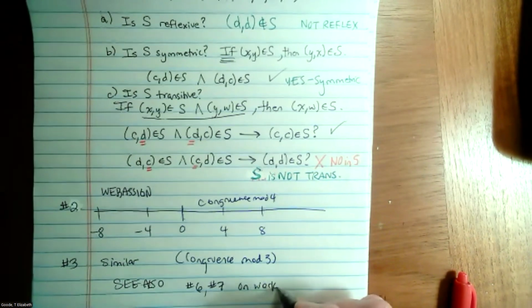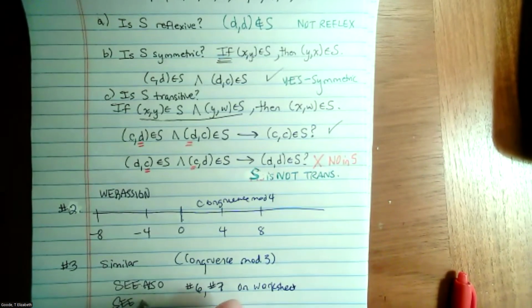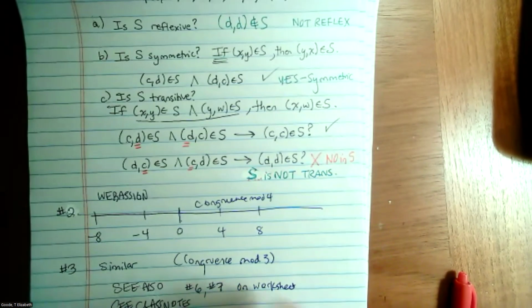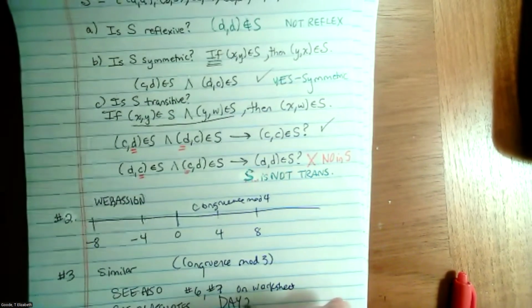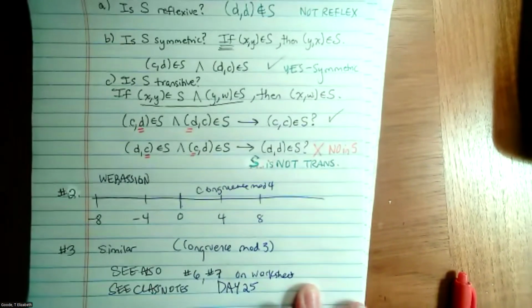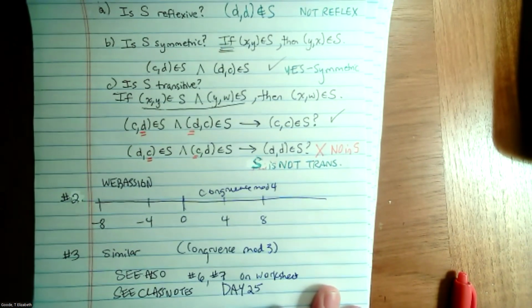And see the class notes too, from day 25. Because we did congruence mod 4 on day 25. We did it on all of Z, not just a small subset of Z called A, but on all of Z.